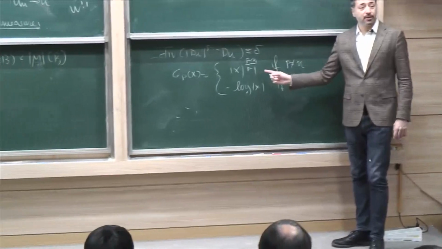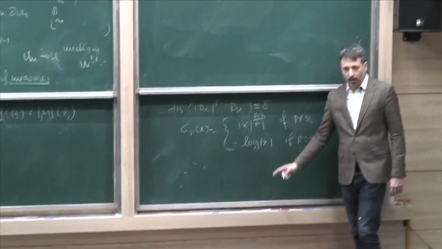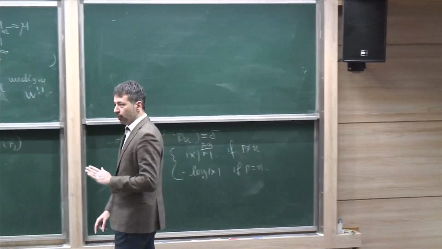As you see, for p equals 2, this coincides with the usual Green's function. Otherwise, it is what it is.